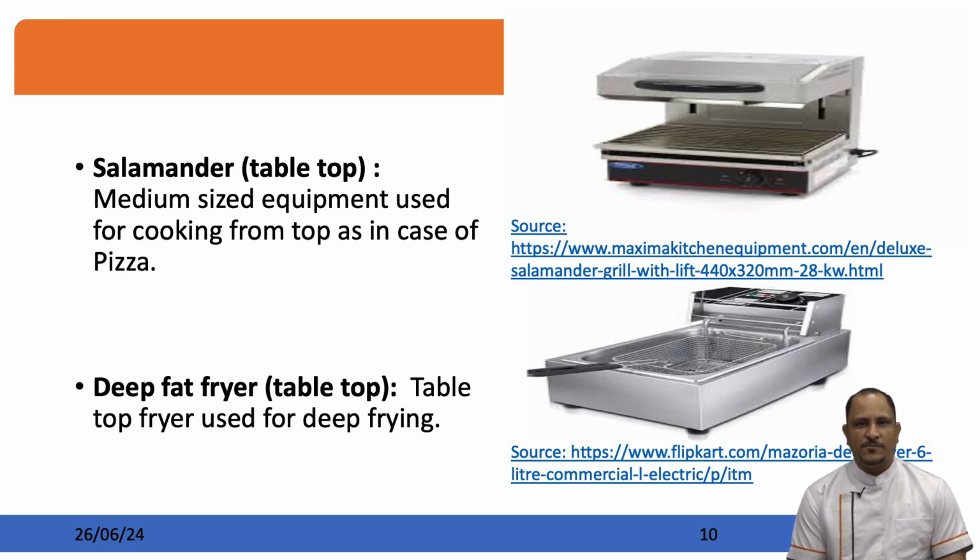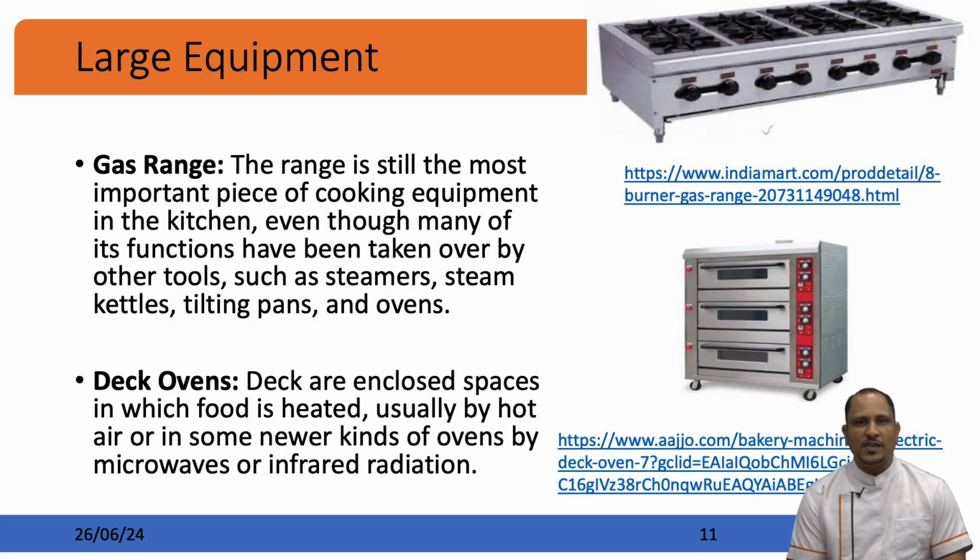Further, when we talk about large equipment, these are equipment which have a specifically fixed position in the kitchen and they are not moved from their place to another place for the purpose of use. They are only moved from their fixed location for the purpose of cleaning and maintenance.